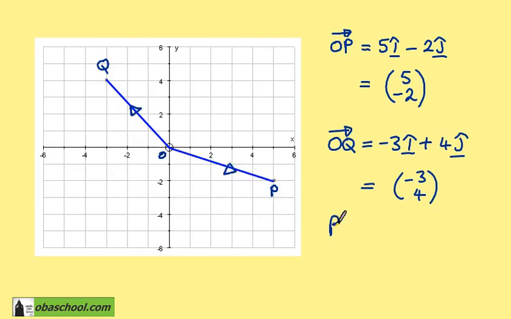So remember here that both OP and OQ are position vectors. They describe the position of a point.